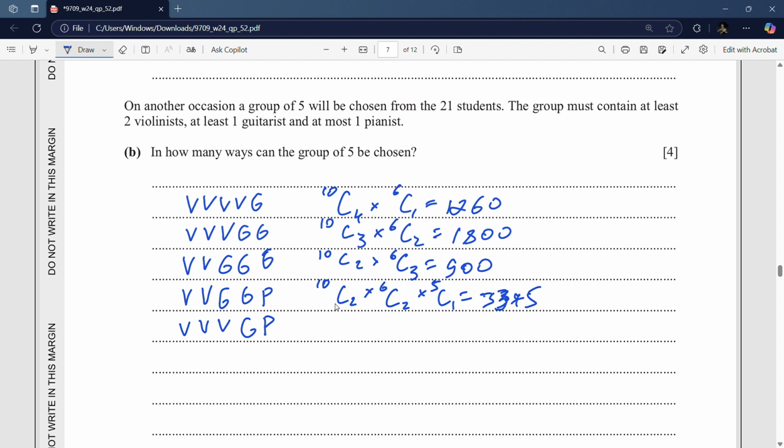Okay, here we have, in the last case, 10C3 multiplied by 6C1 multiplied by 5C1, which gives us 3,600. And in total, we have the sum of all these combinations, which is 10,935.